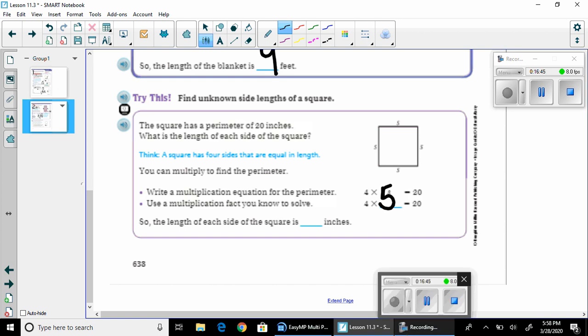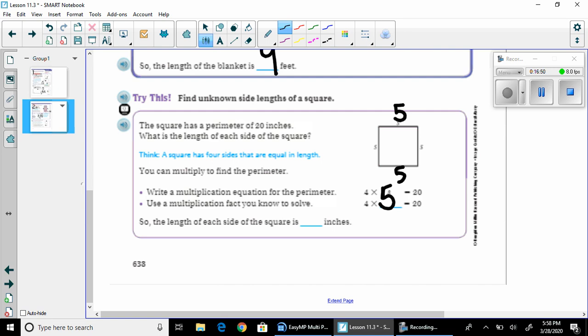So if I go back and I fill in my missing widths and my missing lengths with 5, I can go back and check and count by 5s all the way around to check my perimeter. So 5, 10, 15, and 20. Same thing, write it down with multiplication. 4 groups of 5 is 20. So the length of each side of the square would be 5 inches. And our distance all the way around, or our perimeter, would be 20.